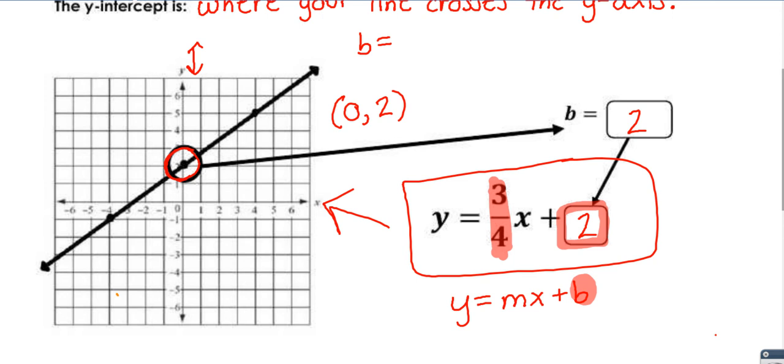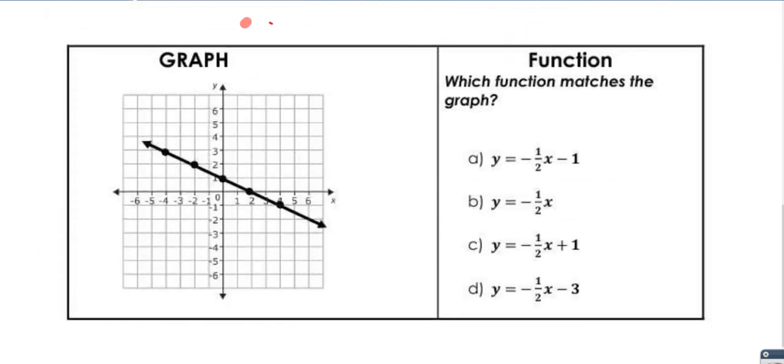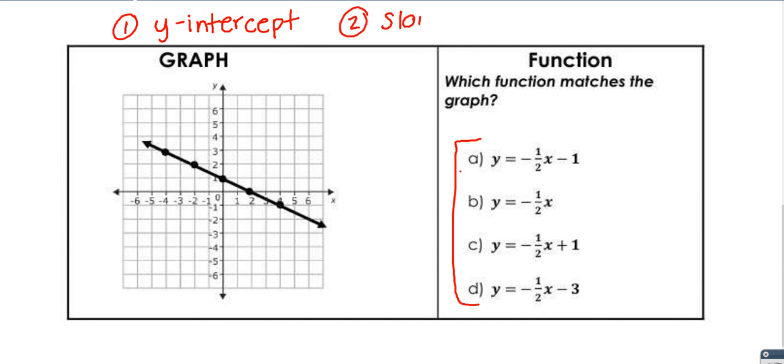We have 2 more examples we're doing together, and then you have activities that you'll be doing on your own. So looking at the graph, the first thing we always need to look for is our y-intercept. And if there are 2 options in your ordered pairs with the same y-intercept, you then will also have to find your slope.